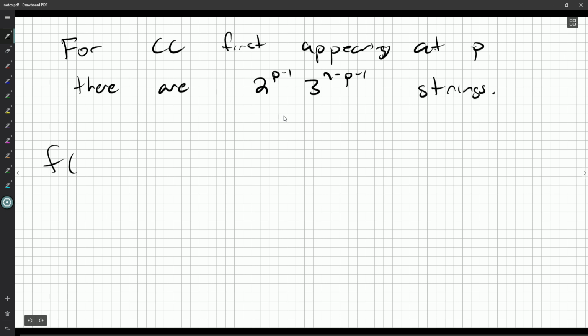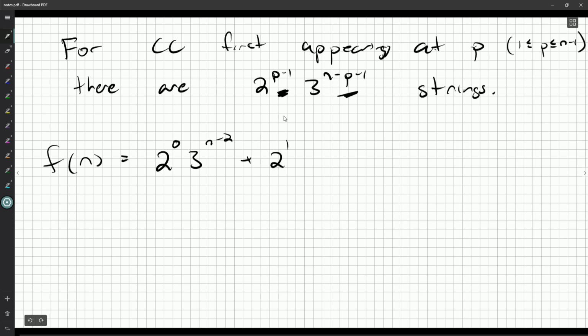So the total, this isn't going to be the nicest thing, but P can be anything but the last position. So this will be the sum of 2 to the 1 minus 1, 3 to the n minus 2, and 2 to the... So this one will increase by 1.